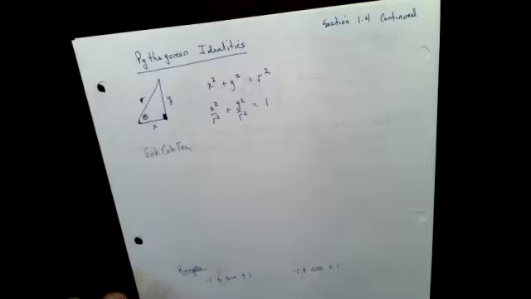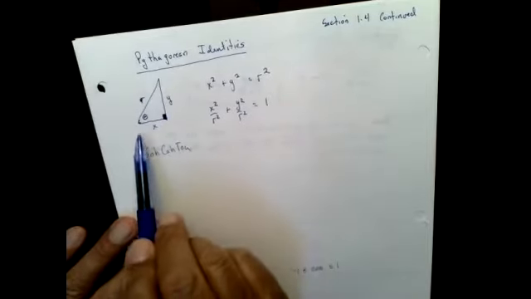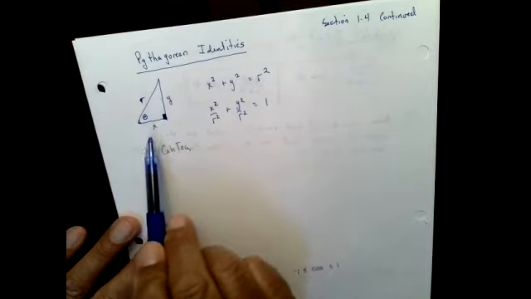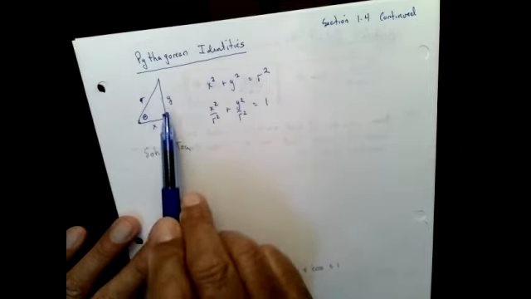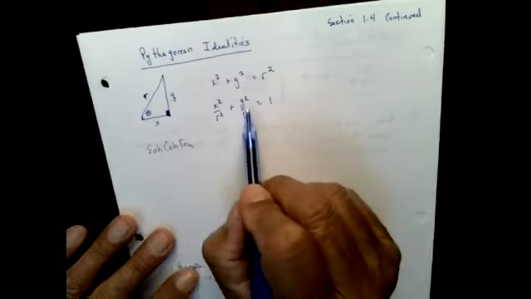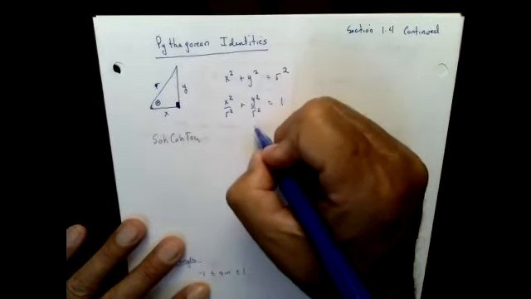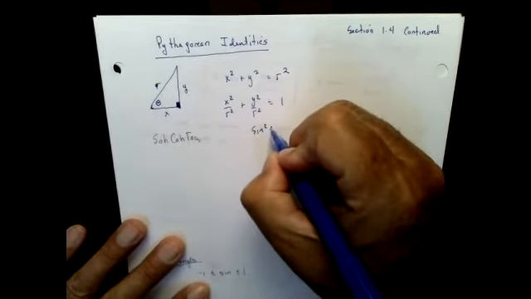When I do that, I quickly go, okay, the sine of theta was opposite over hypotenuse. So the sine of theta is y over r. So what's y squared over r squared become? That's the same as sine squared of theta.